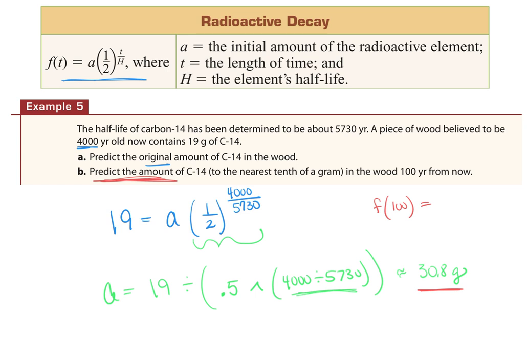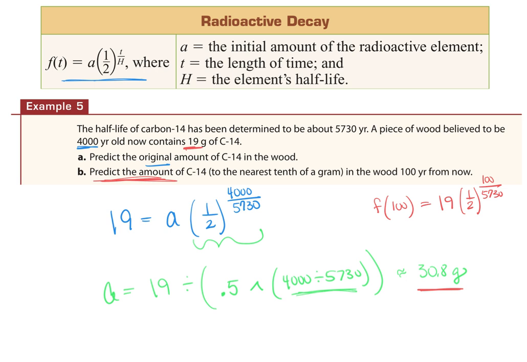If you start there, your time is going to be 4,000 plus 100 because that's what you had 4,000 years ago. If you want to just do 100, you need to start where you are right now. Your initial needs to be that 19. And then you say 1/2 to the 100 over your half-life, okay?